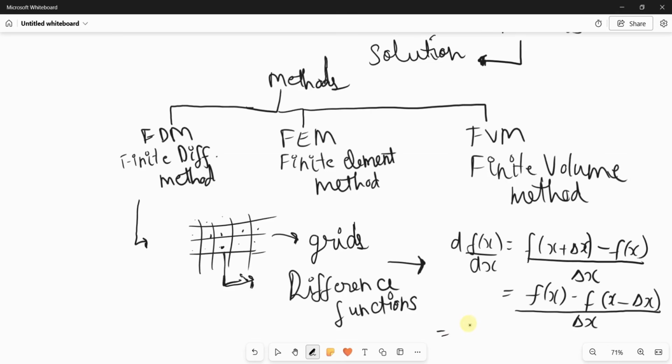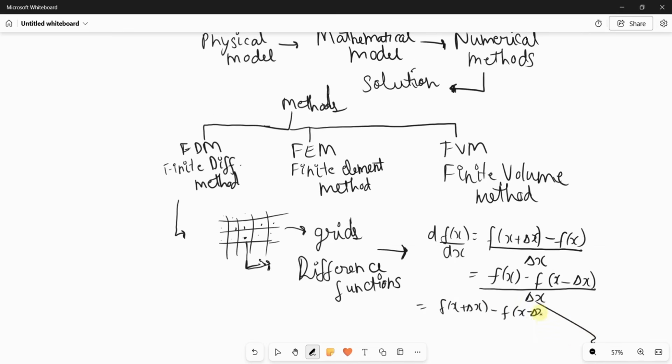And the third one is f of x plus delta x minus f of x minus delta x, divided by 2 delta x. If you see, these are normal differential equations that you would have seen in your 11th or 12th class chapters of functions. When you have differentiability, in order to write it as a limit, you use these functions. So these are called difference functions.